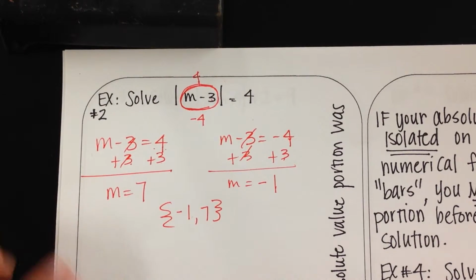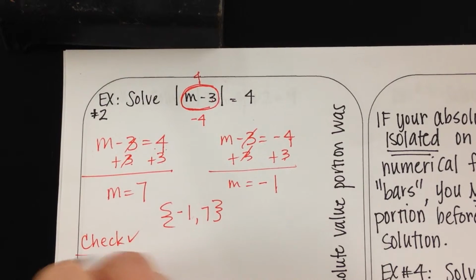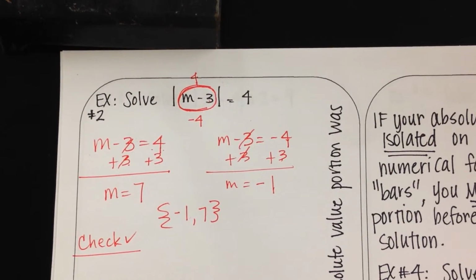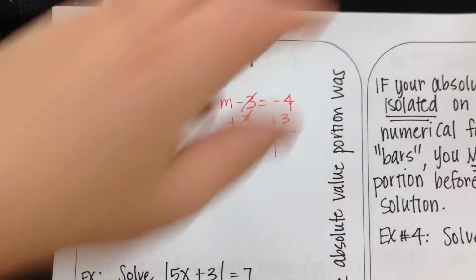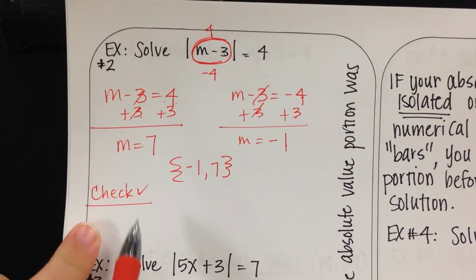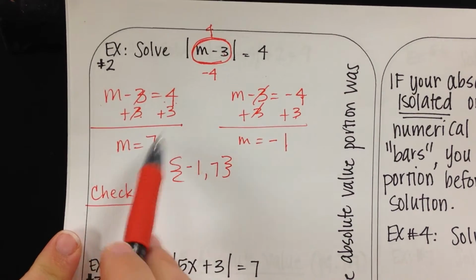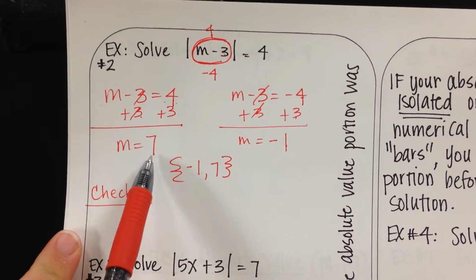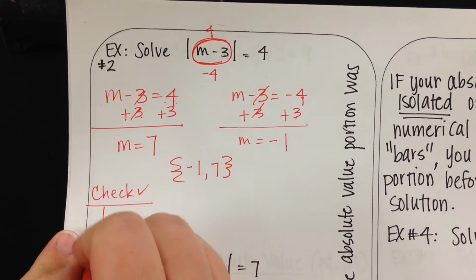Now I'm not going to do this on every single problem, but I do want to show how you can hand check your answers, because remember, on portions of this class you can't use a calculator. So let's double check to see if we even have the right answers for these. Let's do the 7 first. What you're going to do is plug this m equals 7 back into the original equation.